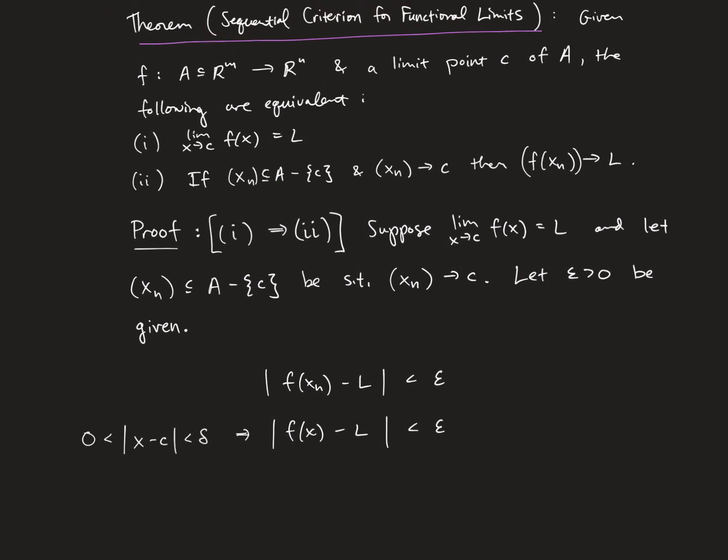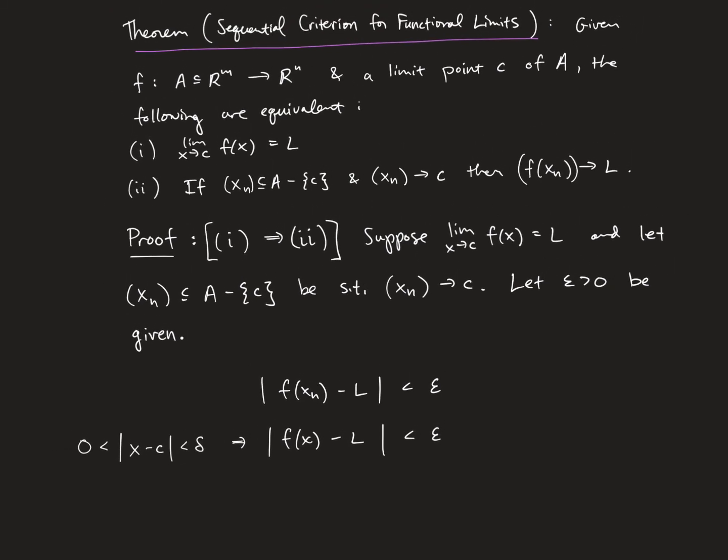And so what we need to do is ensure that these xn's are within delta of c. Basically, in order to make f of xn minus L less than epsilon, we need xn minus c to be less than delta.